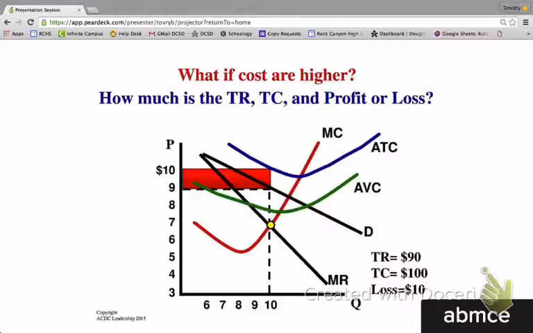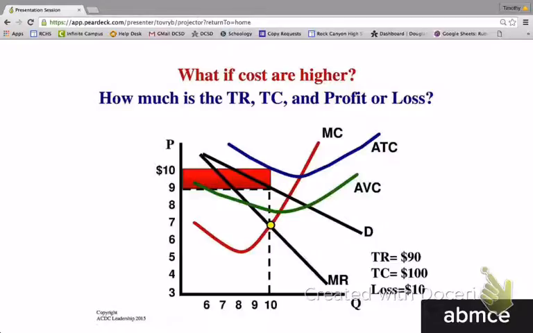Now, what if average total cost is higher than the price it charges? In this graph, marginal revenue equals marginal cost at a quantity of 10 and a price of $7. But it doesn't charge $7. It goes up to the demand curve and charges a price of $9. But notice in this example, it charges a price of $9, but the average total cost curve at that price lies above the demand curve, not below it.